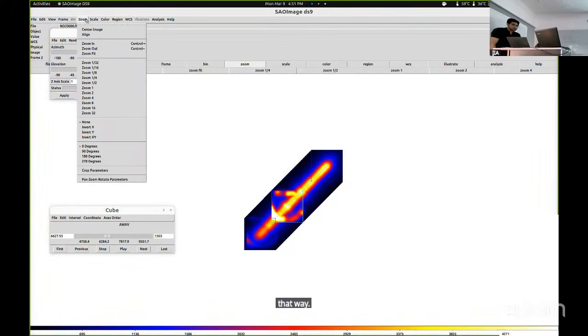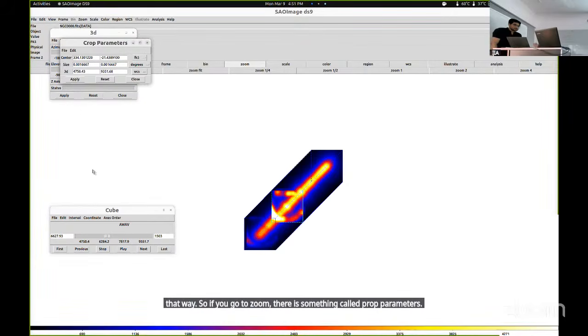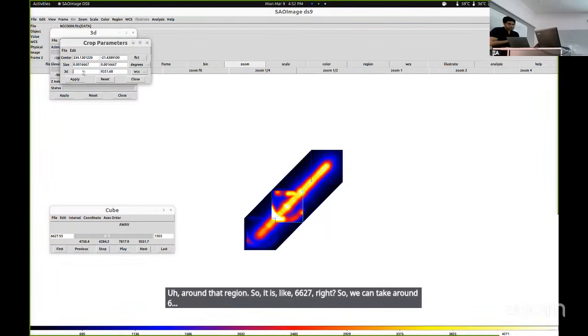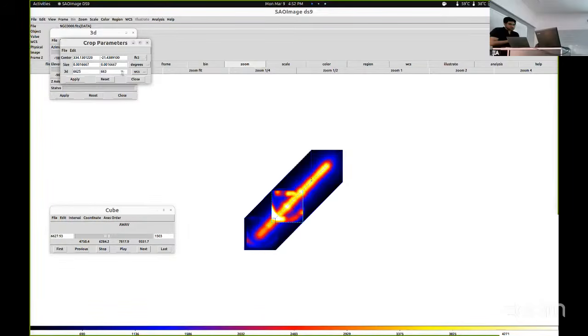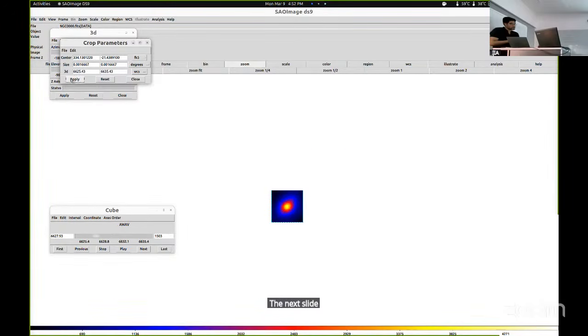If you go to zoom, there is something called crop parameters. In 3D, you again get a wavelength, so you can put the wavelength around that region. It is like 6627, right? So we can take around 6625 to 6635 and apply.